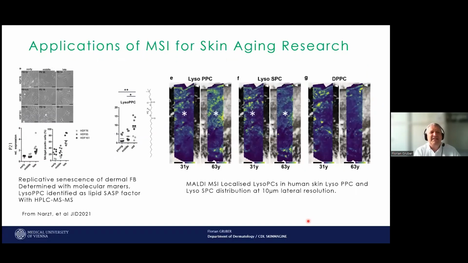This is one application of this lipidomic analysis from our own research. In our case, we investigated the cellular senescence of dermal fibroblasts. We had replicative senescent fibroblasts, and with an HPLC-MS method, we identified that one type of lysophospholipid is strongly enriched in the senescent cells, the cells going into replicative senescent growth arrest.